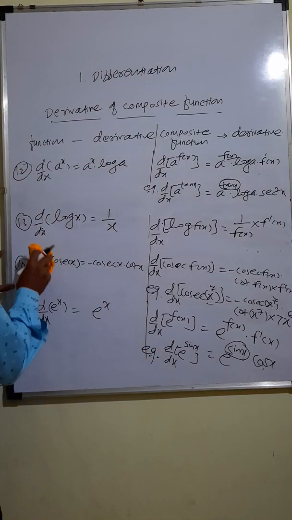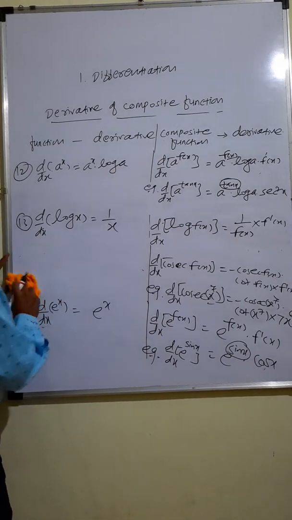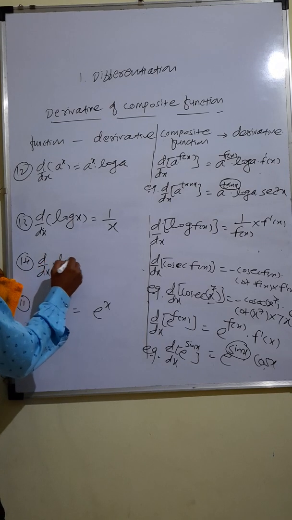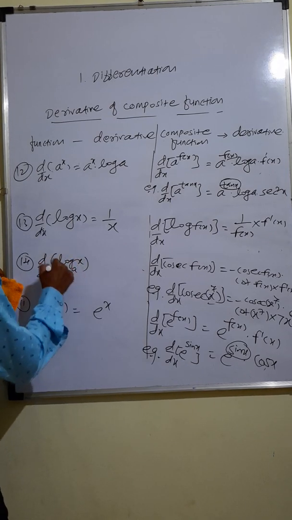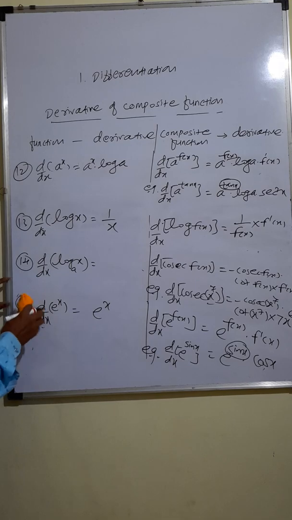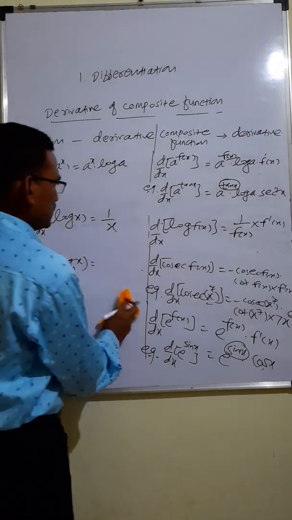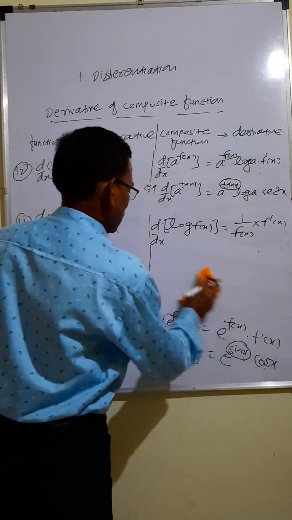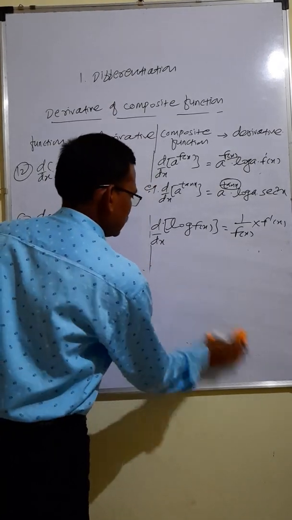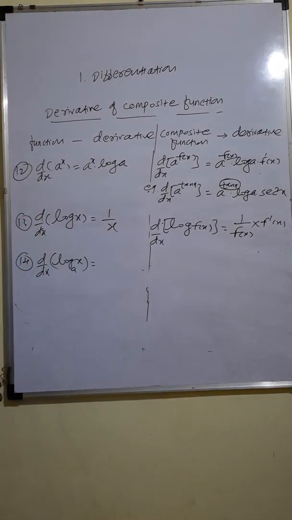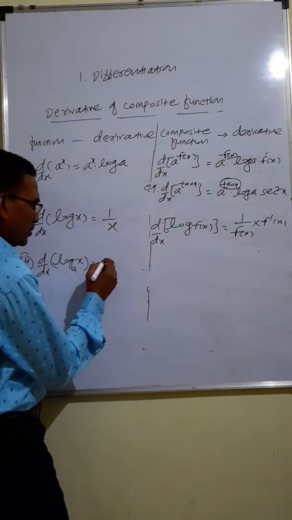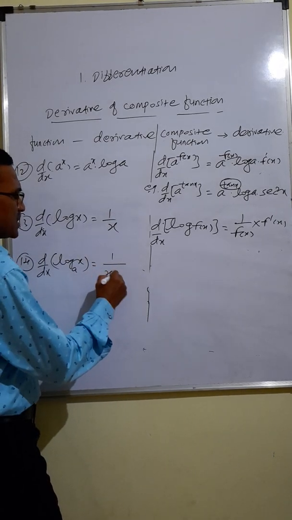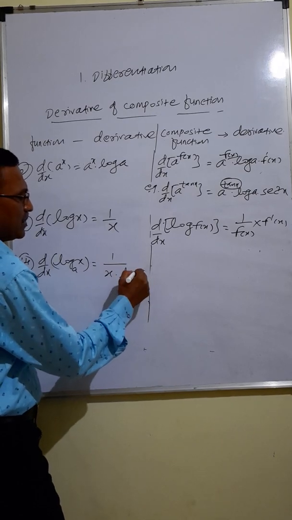Now, last, the derivative of log x to the base a. The derivative of log x to the base a is 1 by x into log a.